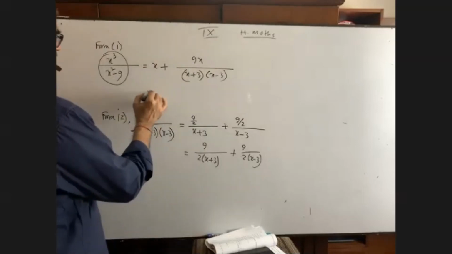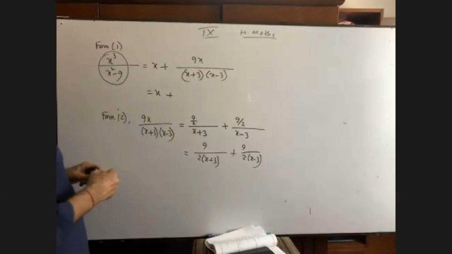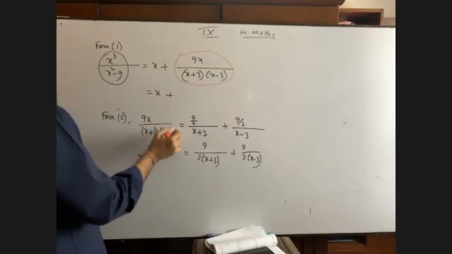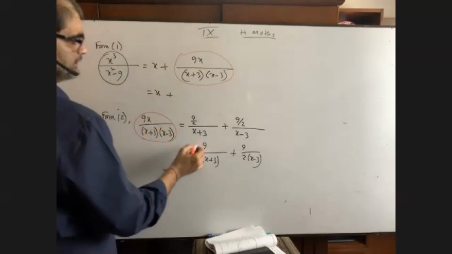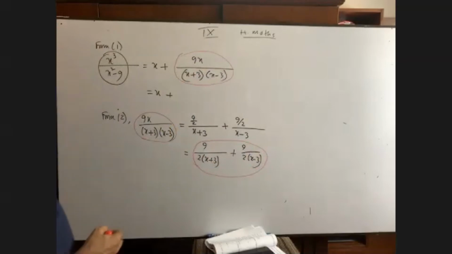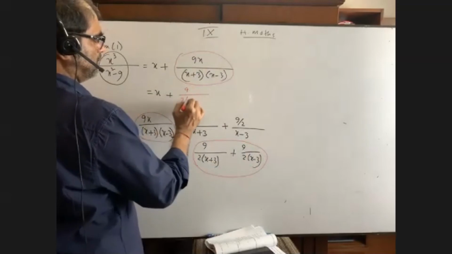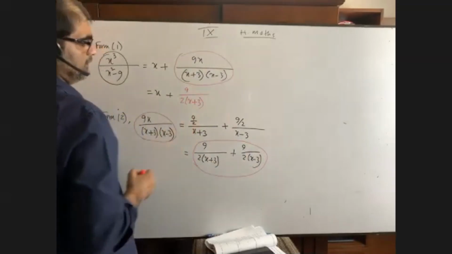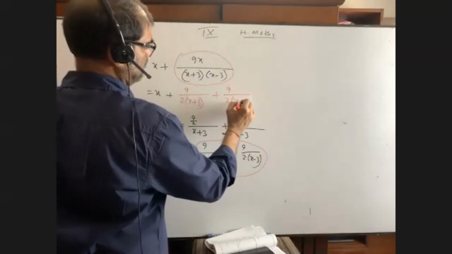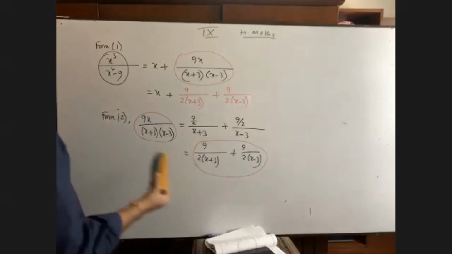It is x plus this part, and the value of this part is 9 by 2 into x plus 3, plus 9 by 2 into x minus 3.